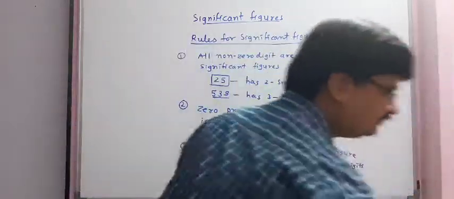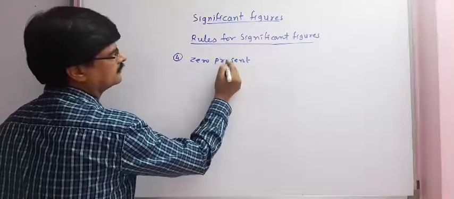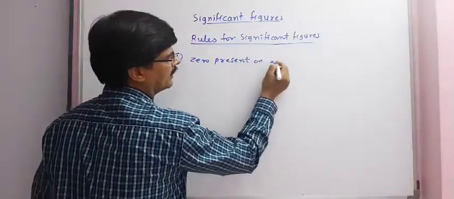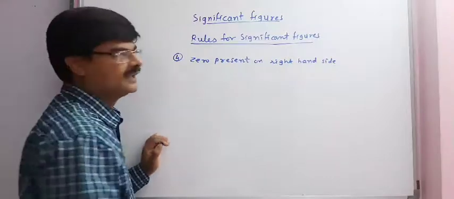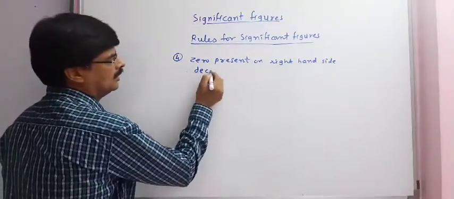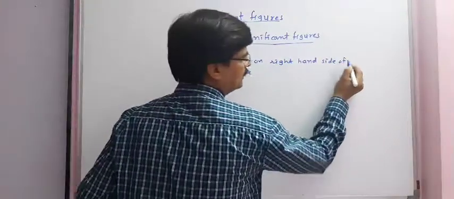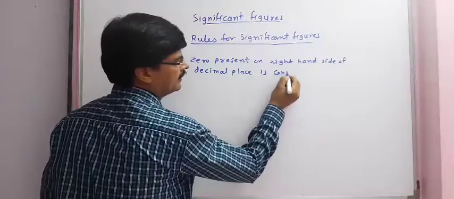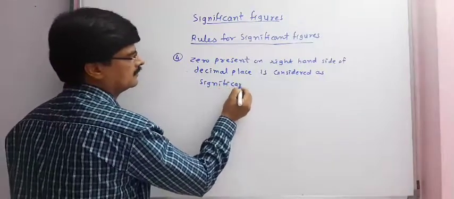Now another rule, rule number 4: 0 present on the right hand side of a decimal place is considered a significant figure.